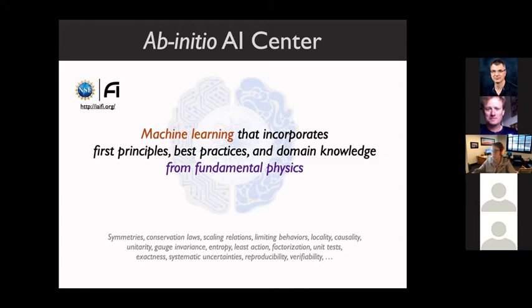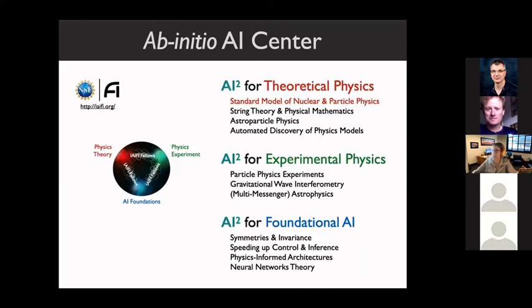So the three aspects of our center are AI for theoretical physics. So this was really what I was talking about. And I'm the coordinator of this branch of our center. We also have AI for experimental physics, all tied together by our work in AI for foundational AI itself.